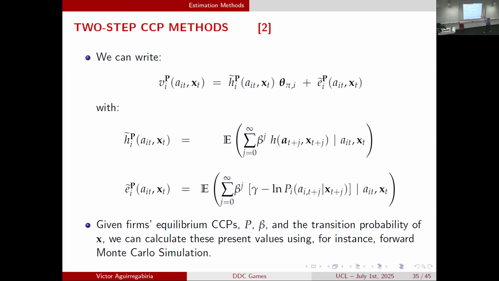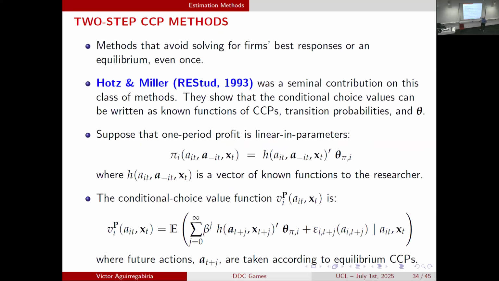What is this H tilde? This H tilde is just basically this part here, the expected value of the future vector H, taking into account that we are in a state X at period T, and we have chosen this action, and then the future values of the actions and the state variables will follow the transition probabilities of the state variables X and the choice probabilities, the CCPs, of the players.